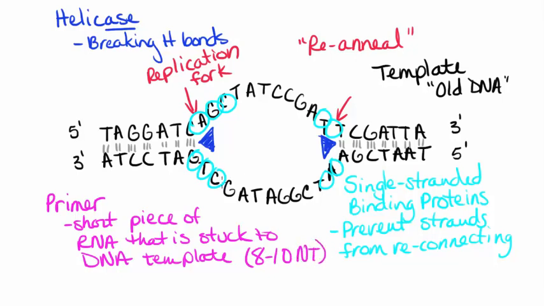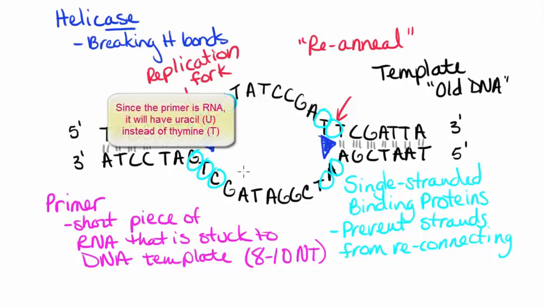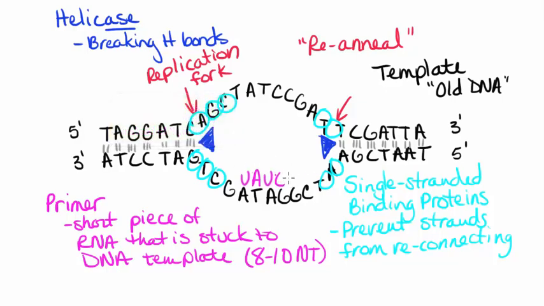I'm not going to draw it that long just because of the size of my picture here, but I'll put a short little piece right here. So I'm drawing it in a different color, in purple here, pink here, to represent that this is not DNA that we're looking at. Okay, so this would be my short little RNA primer, and I'm going to have one down here, and I'm going to have another one up here at the top.